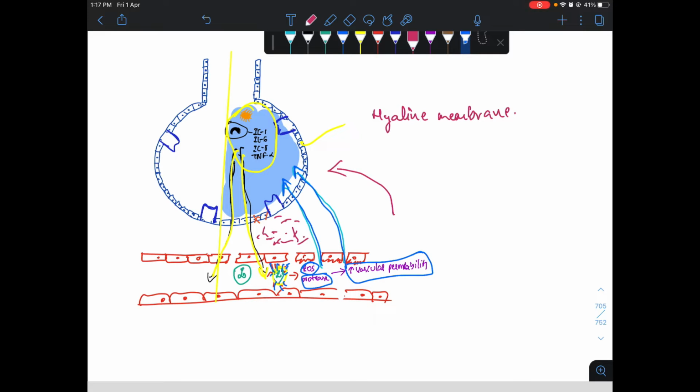But in acute respiratory distress syndrome, here we have the non-cardiogenic pulmonary edema. That is, due to any insult, there will be release of cytokines, and this increases the vascular permeability, and this increases the leakage of fluid to the alveoli. Hence there will be formation of intraalveolar hyaline membrane.